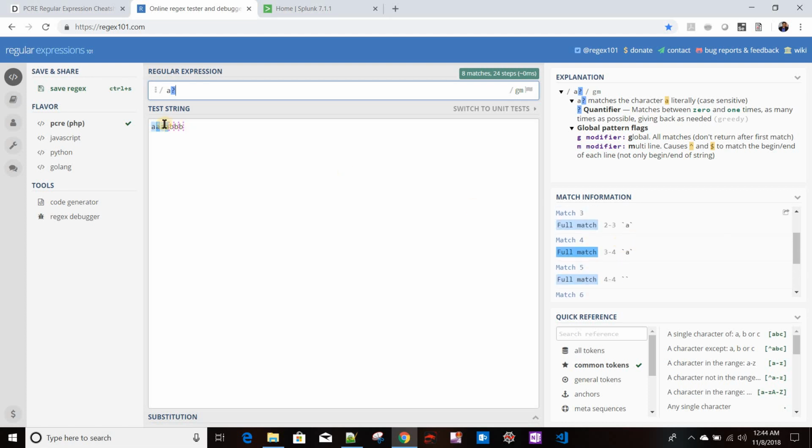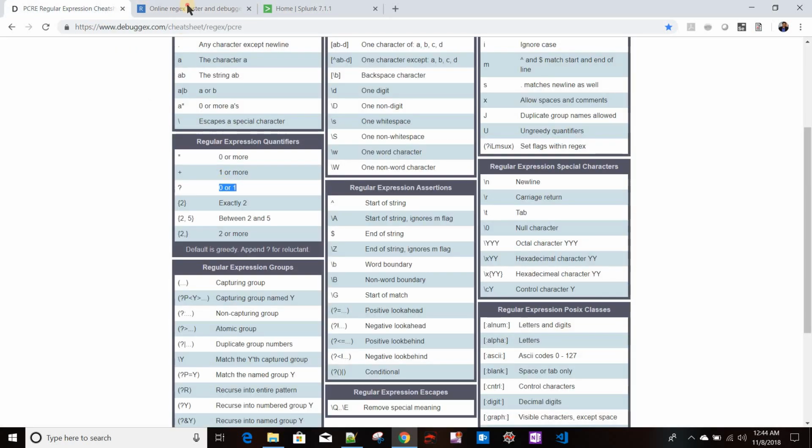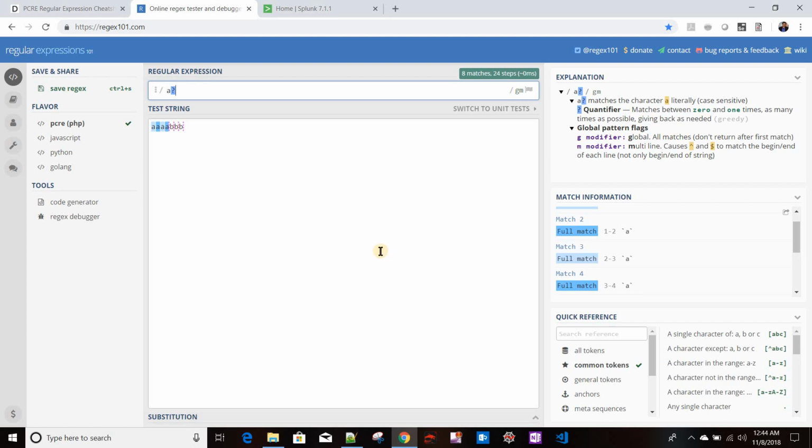If you see, all the a's occur either 0 or 1 time, which means it matches a single a. And since it is 0 or 1, it also matches those strings where a did not appear. That makes this particular regular expression optional.